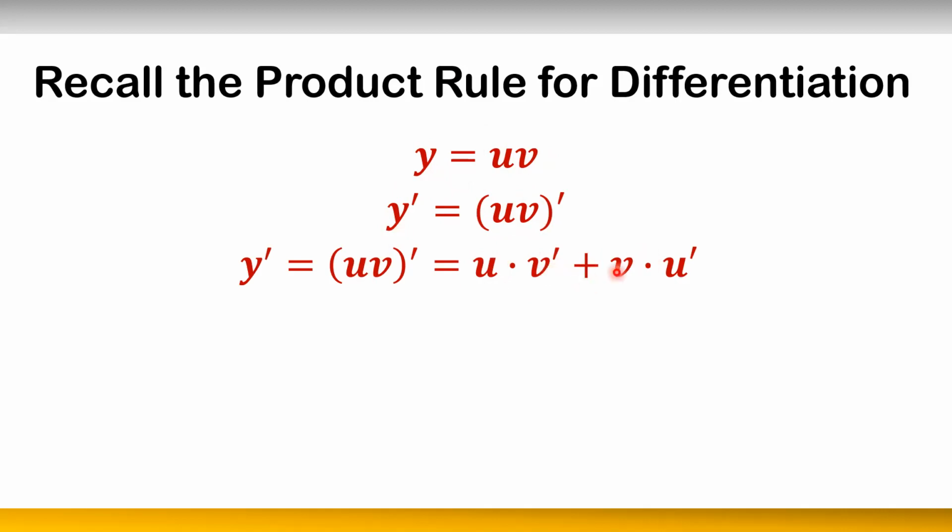Plus, ang susunod na product naman, we copy the second factor and then differentiate the first factor. Okay, parang salisihan sila. So, we have a sum of two products. Isang kinopy, isang dinifferentiate. Isang kinopy, isang dinifferentiate. So, take note of the other notation.